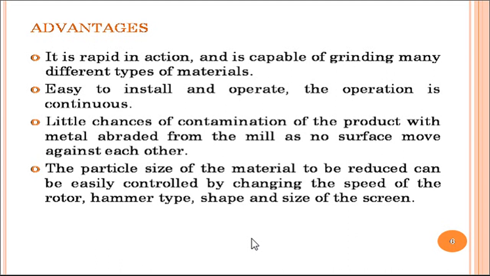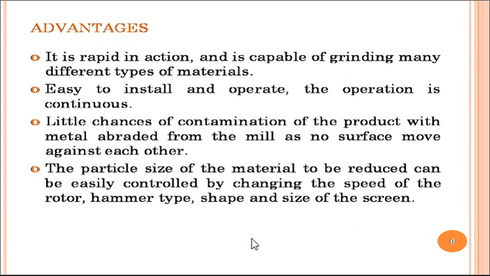There is little chance of contamination of the product by metal abrasion from the mill, as no surfaces are moving against each other. So the chances of contamination of the substance being crushed by the metal inside the wall of the hammer mill chamber are very low, and one can maintain a contamination-free product during size reduction.